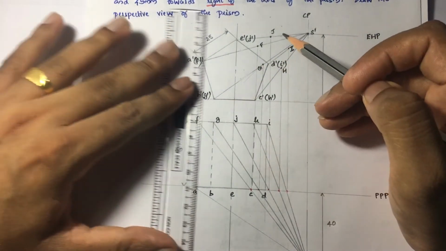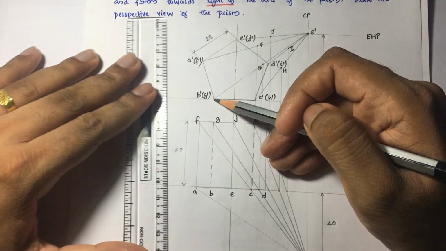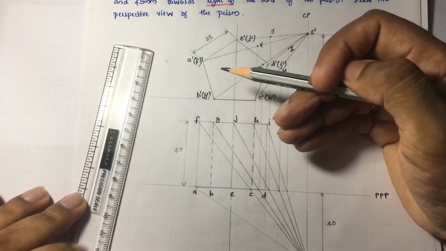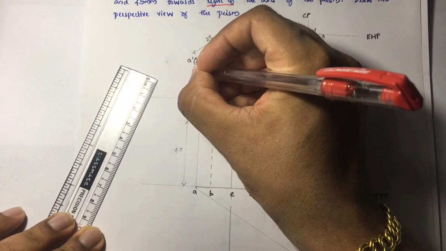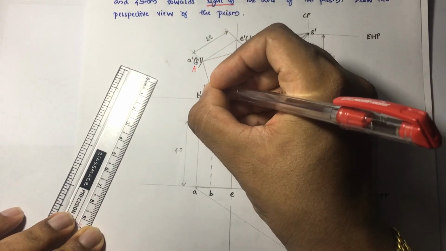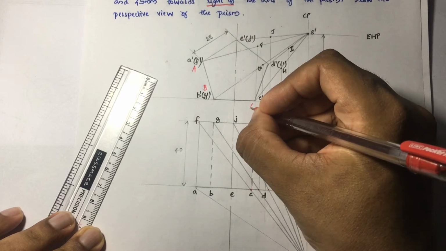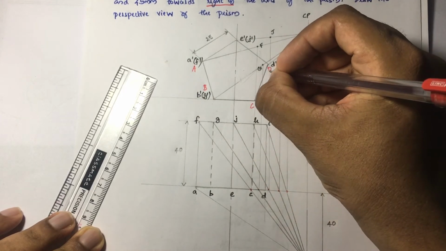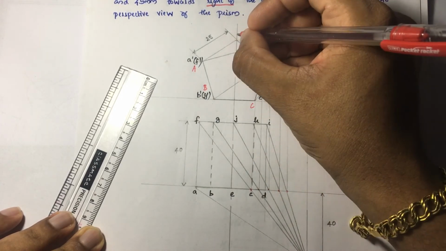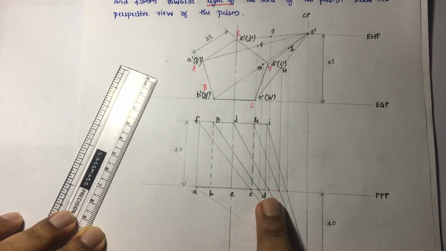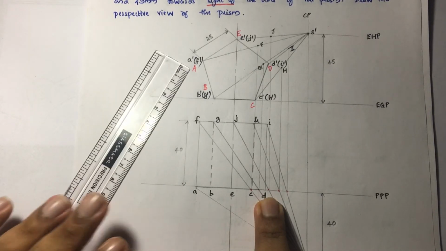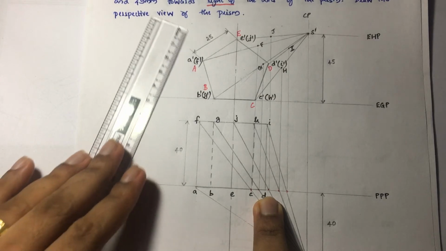So this point B dash will be the same as that capital B. So you can easily mark those points as this will be capital A, this will be capital B, this will be capital C, this will be capital D, and this will be capital E. So that is why we are not drawing the visual rays towards the base points in the top view. Similarly, you have to mark the other points also.